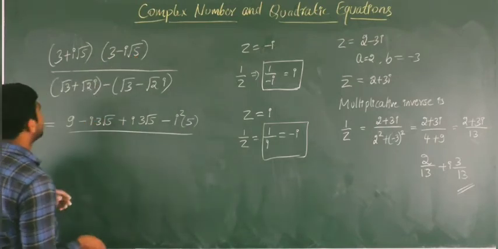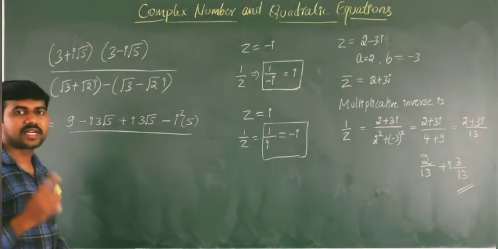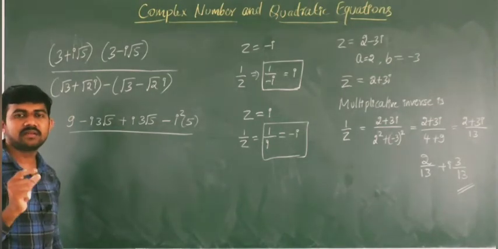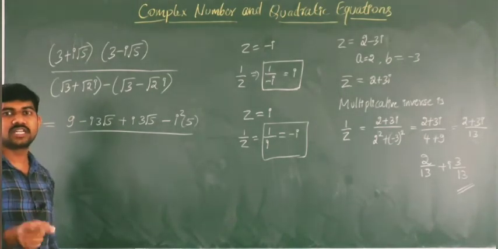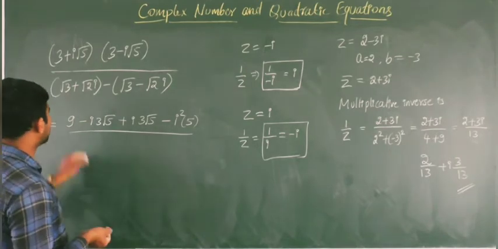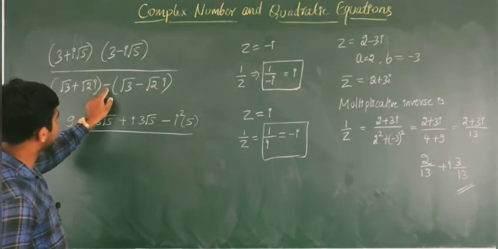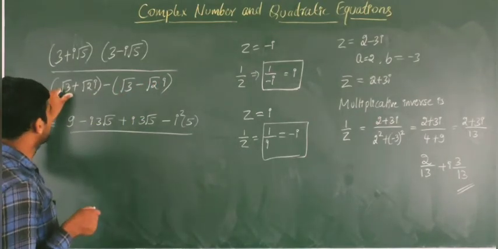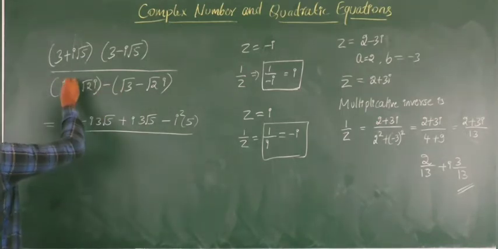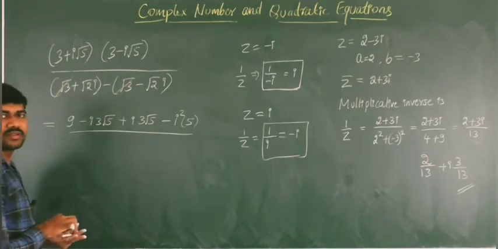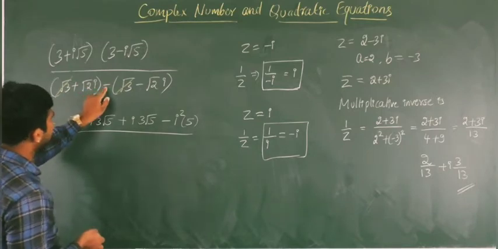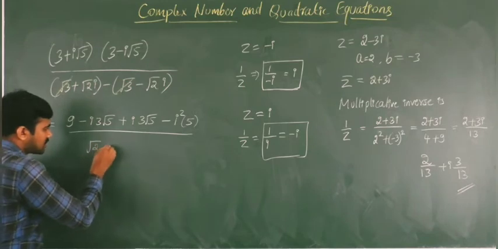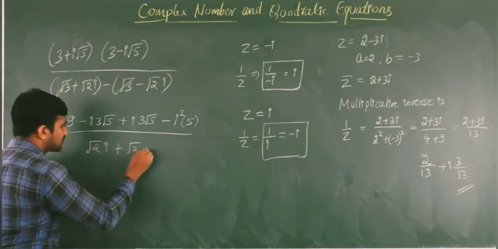Denominator: here it is subtraction, you can subtract the like terms. Root 2i minus of minus root 2i becomes plus, so we can't subtract them. But root 3 minus root 3, we can cancel it. So what remains? Root 2i plus root 2i remains here.